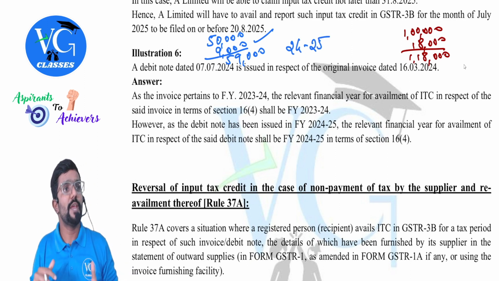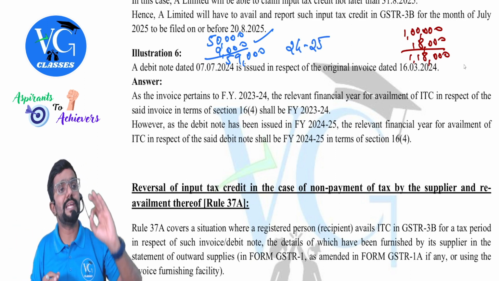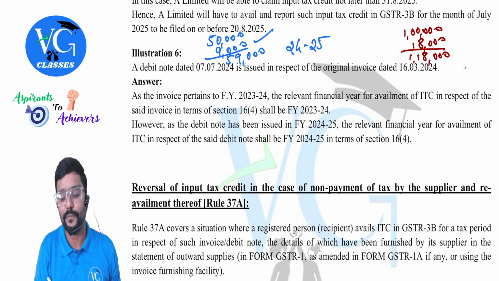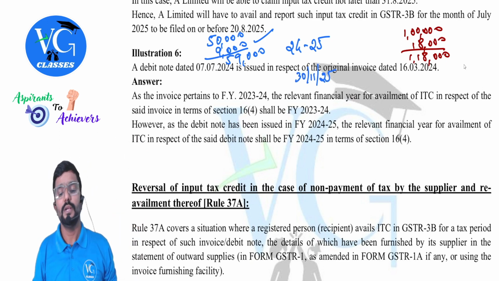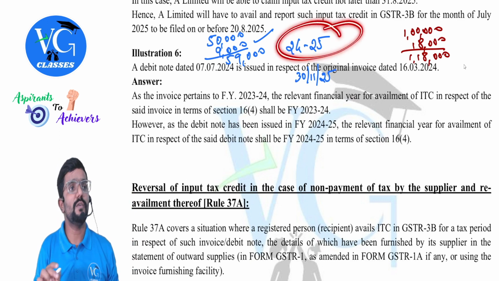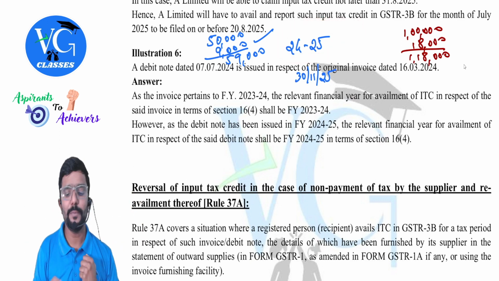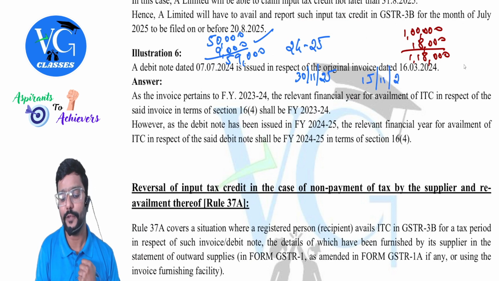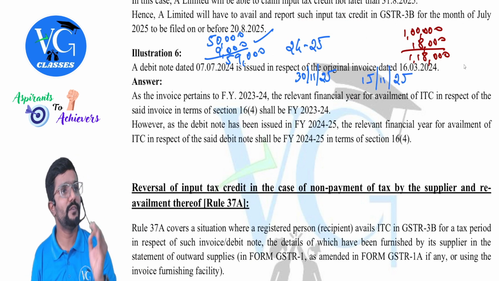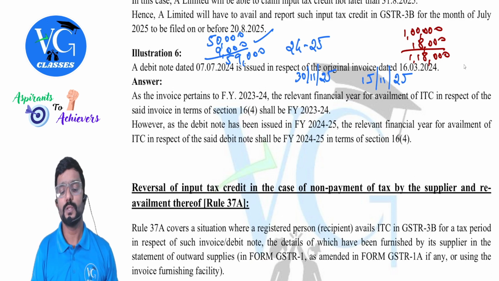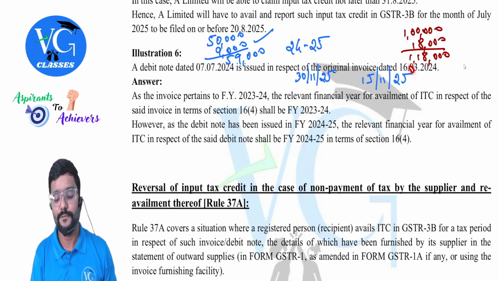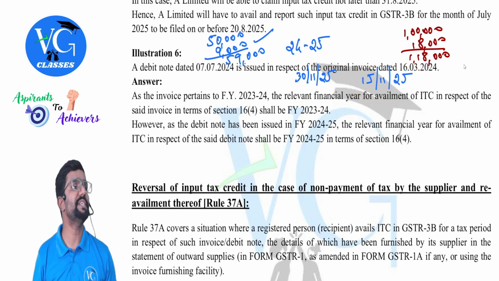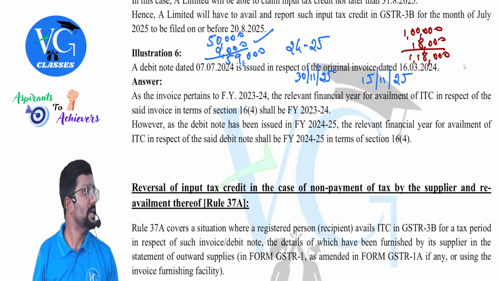So for this, the deadline will be 30th November of next year, so I can call it 30th November 25. And we need to see for this year when the annual return is filed. Let me take it as 15th November 25. Whichever is earlier, guys. 15th November. So the maximum deadline to claim this 9,000 credit is 15th November 2025.